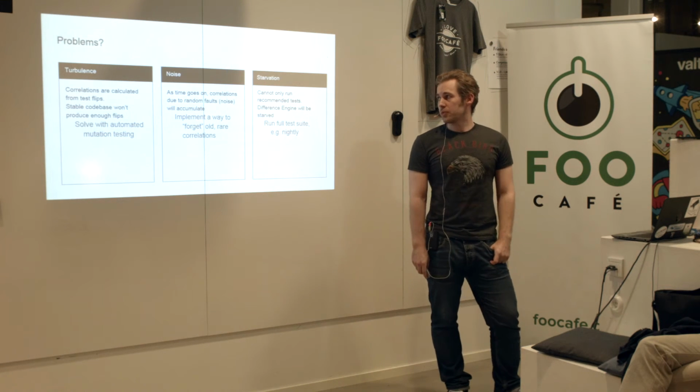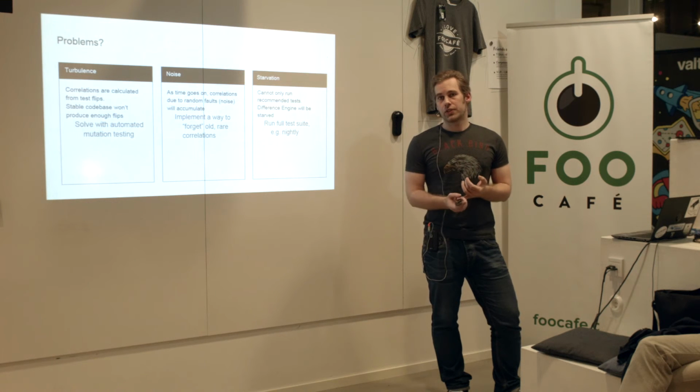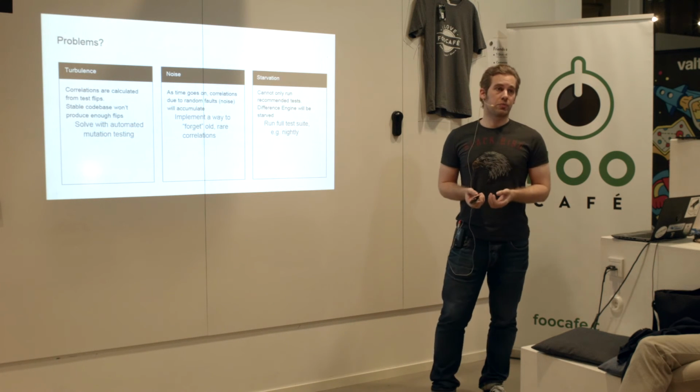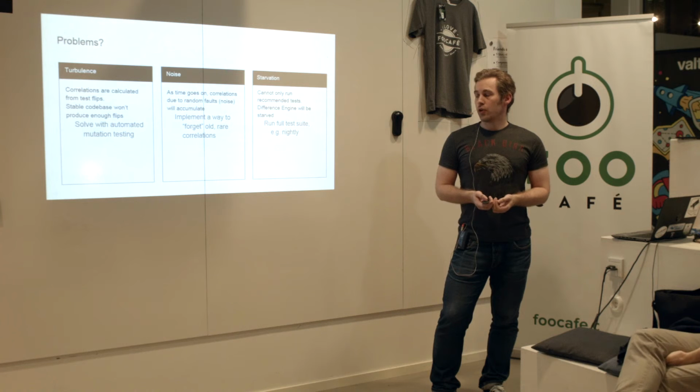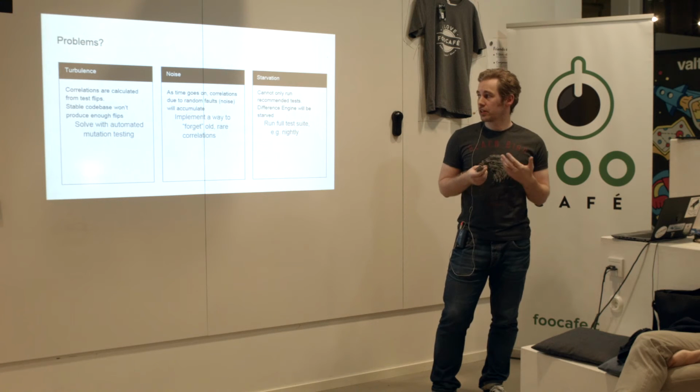Of course, there are some problems with doing this. First of all, turbulence. The correlations are calculated from test flips. So if the code base is very stable and the regression test history never has any faults, I won't be able to calculate any correlations.